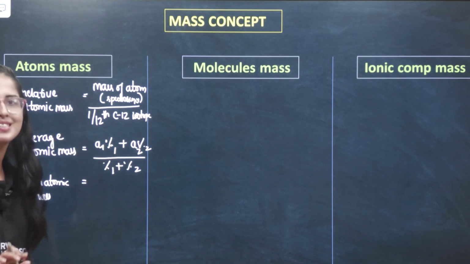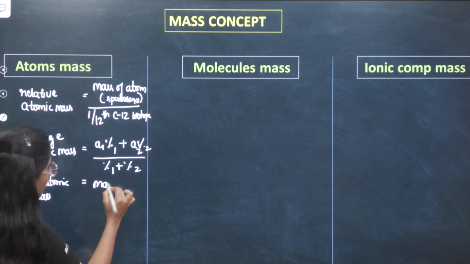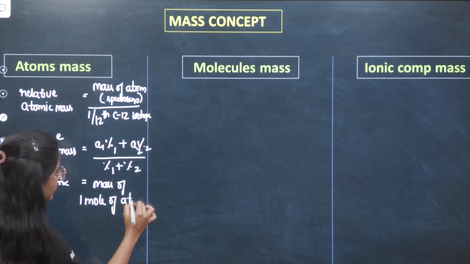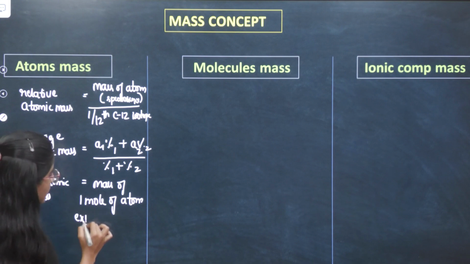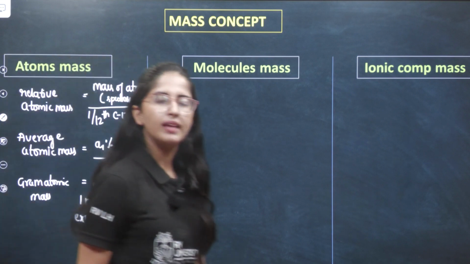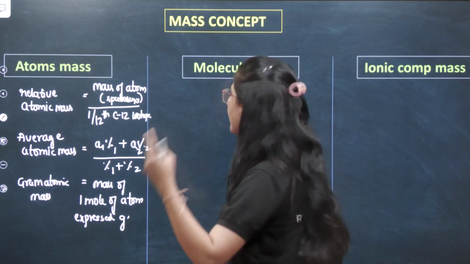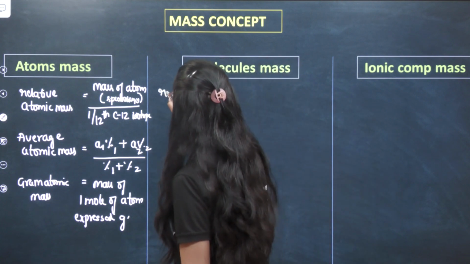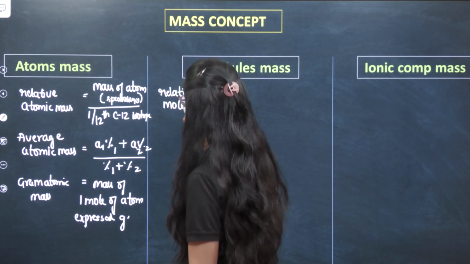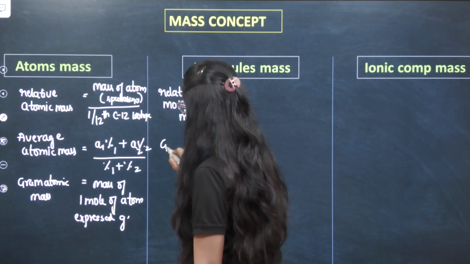Gram atomic mass means just the mass of 1 mole of atoms, expressed in grams. That is your gram atomic mass. When I come to molecular mass, you will be expected to remember these two: relative molecular mass and gram molecular mass.